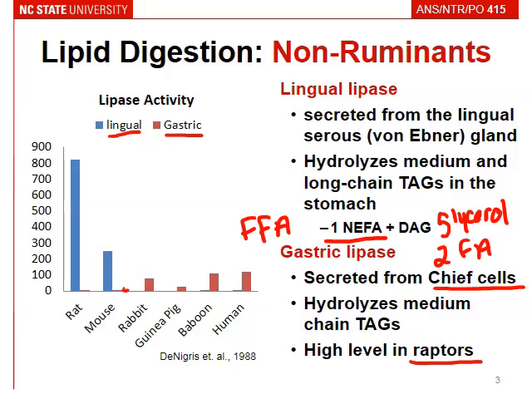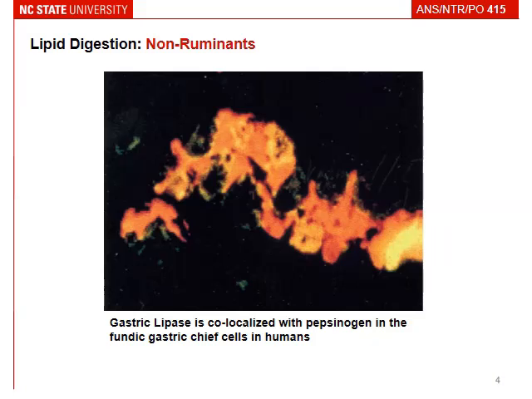If you look at other species, our rabbit, guinea pig, baboon, and human, they have a decent amount of gastric lipase, but really have negligible lingual lipase. So it really varies on the species on if they have lingual or gastric, and very rarely do you have a significant amount of lingual and gastric lipase in the same animal.